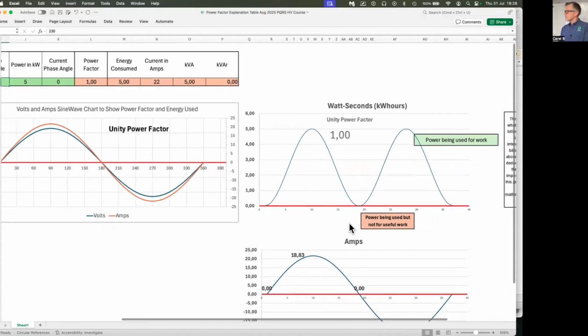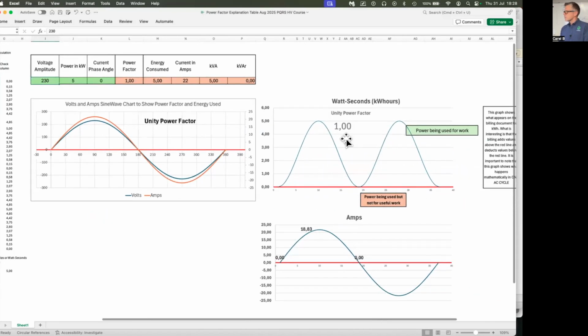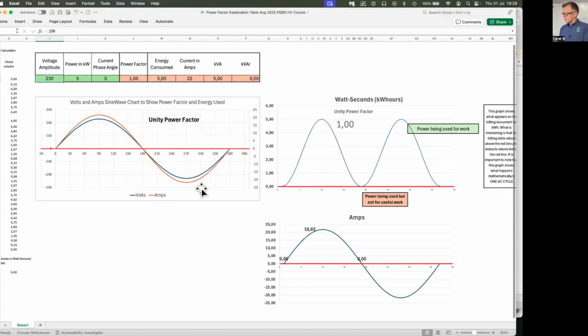What this graph shows us, so we've looked at the graph on the left. What the graph on the right-hand side shows us is, first of all, the amount of power that we're drawing there. But obviously, power is instantaneous. So this whole triangle over here would represent power over time.